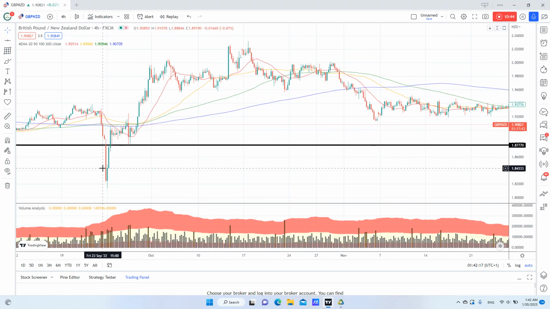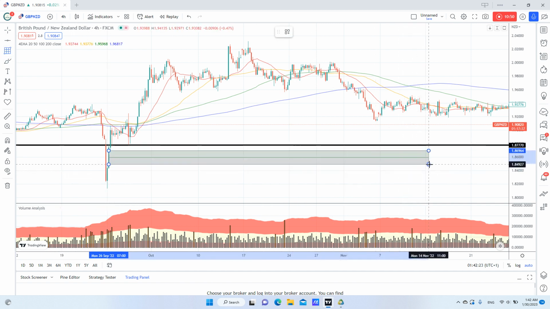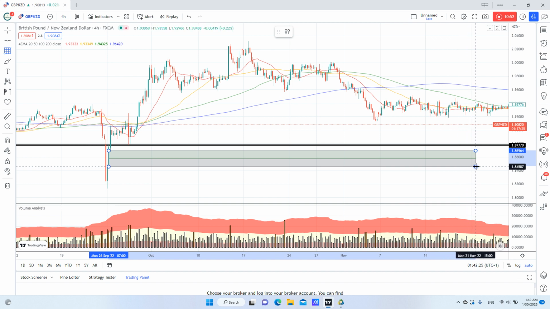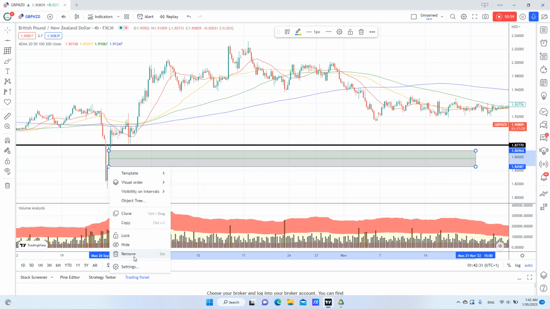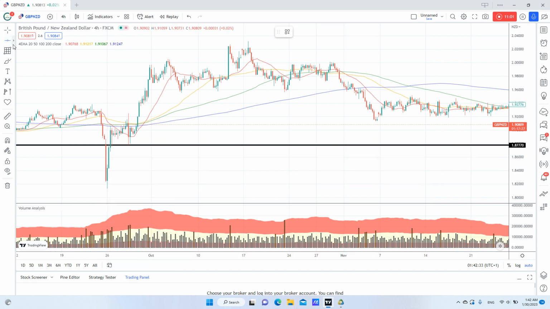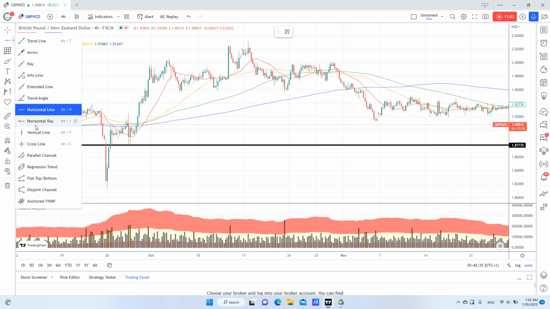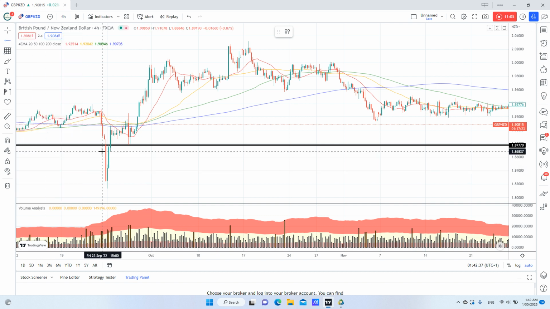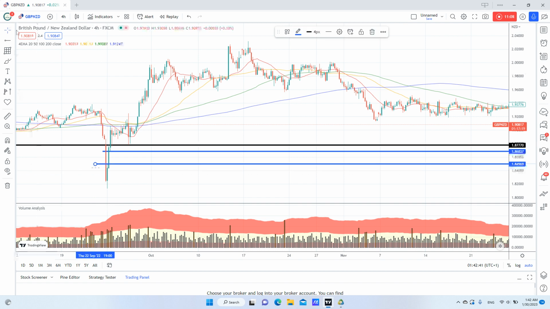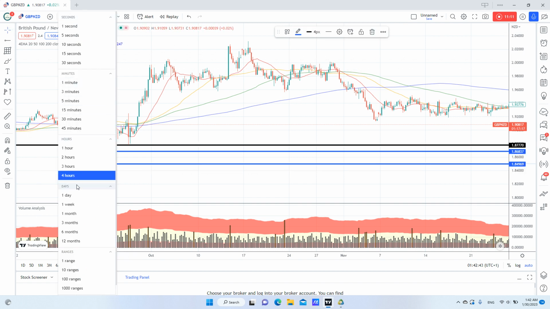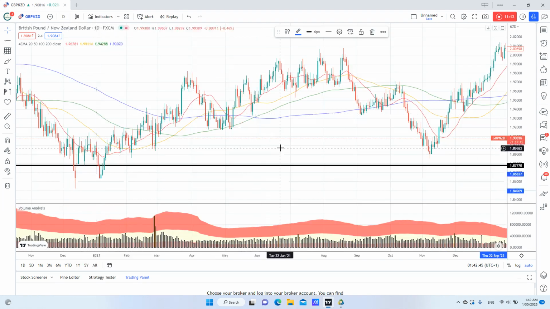We have here a very good gap. This one here is a very clear one. So we can enter. I will mark it better with lines or arrows. Here, this one and this one.